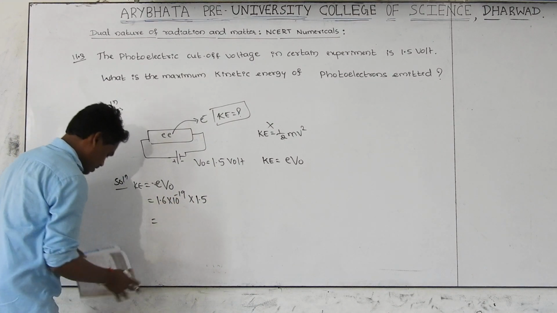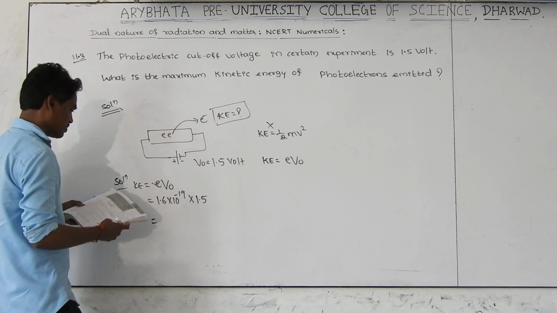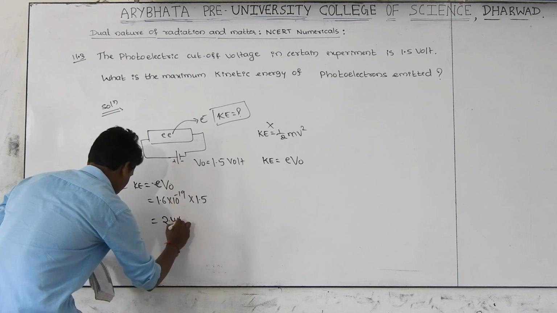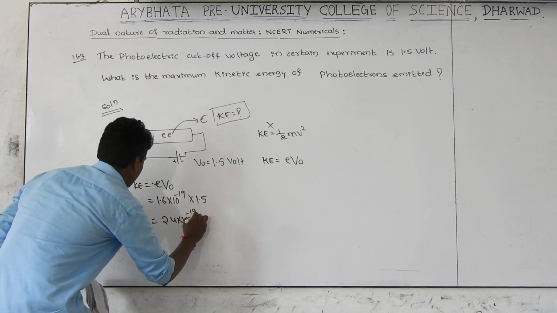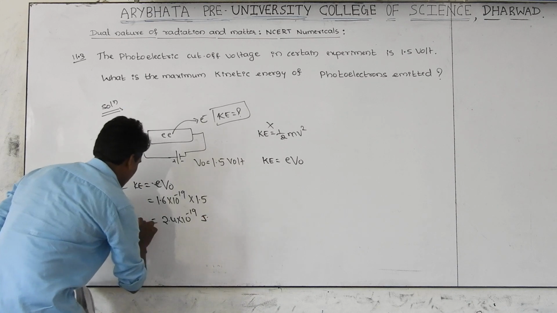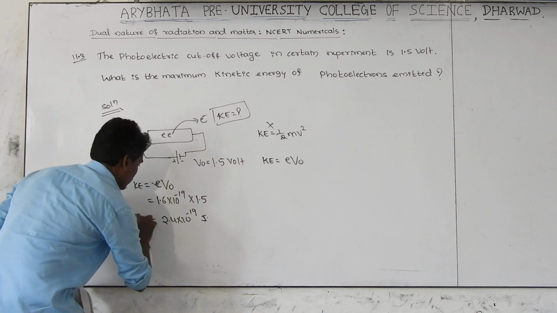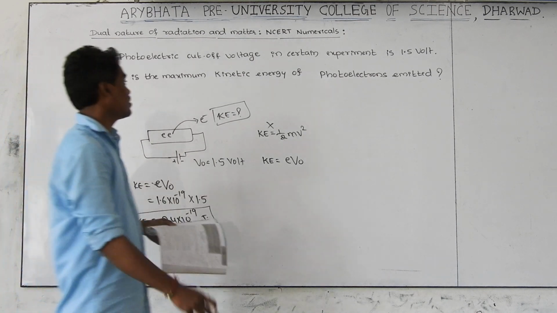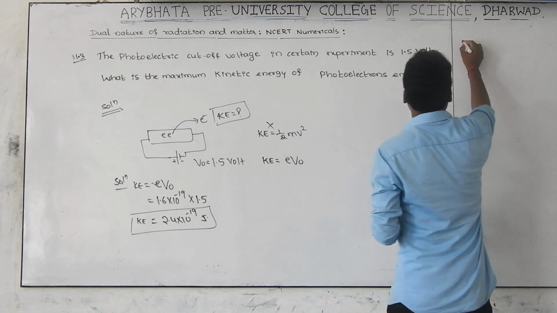Multiply this value. You are getting the answer, that is 2.4 into 10 to the power of minus 19. Kinetic energy, this is joule. Kinetic energy in terms of joule. This is the answer. And next, exercise number 11.4.